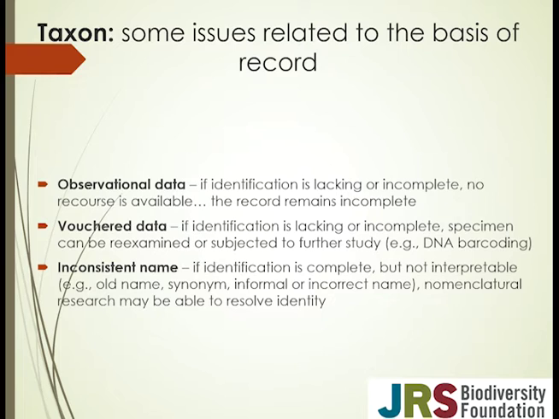Now, with respect to those different attributes, what can we say? On the taxon, there are some issues you need to pay attention to. For instance, let us take the case of taxon observational data I just talked about. If identification is lacking or incomplete, no recourse is available. The record remains incomplete.